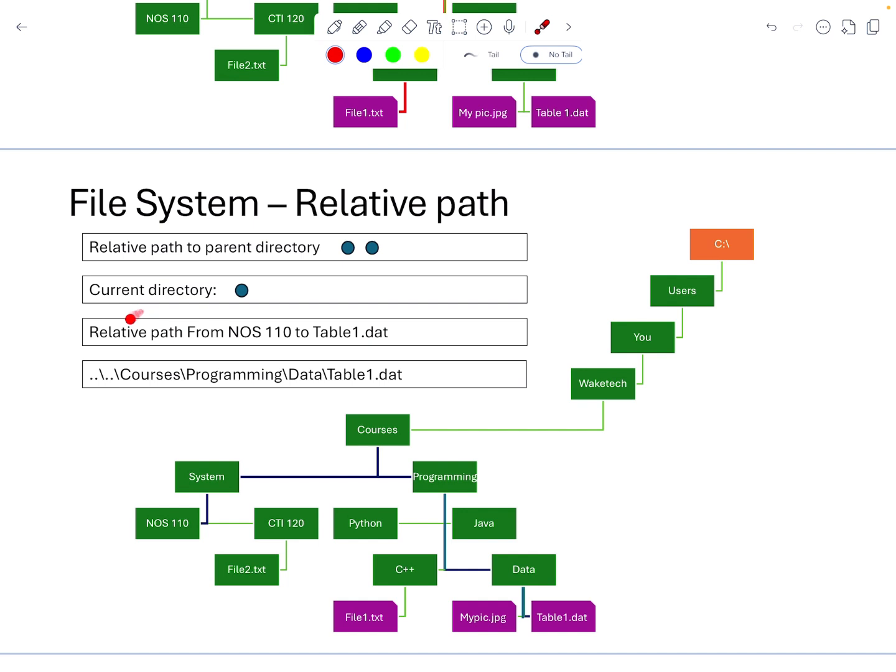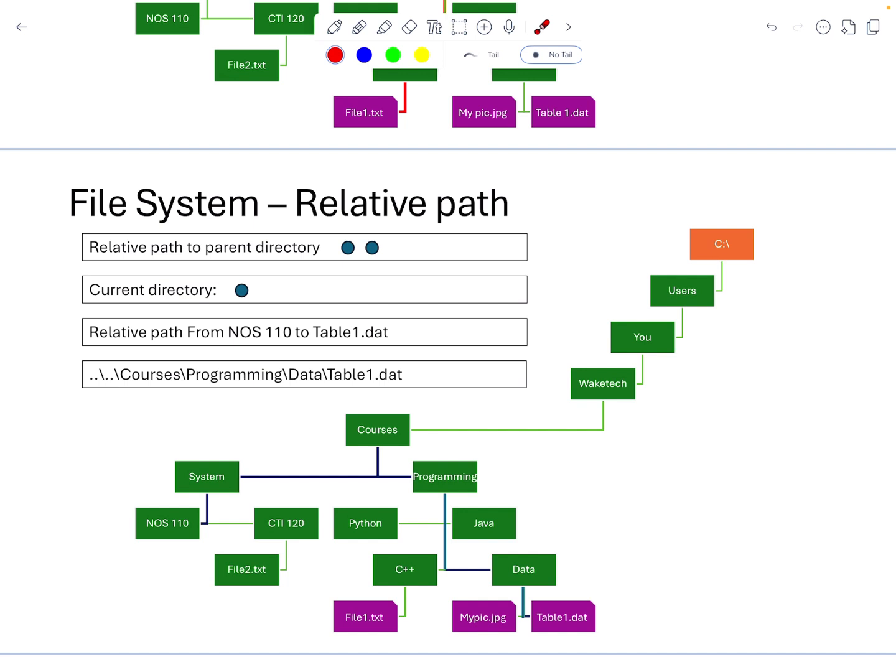Suppose I am right now in my user's home directory, then whatever path I build to reach any resource with respect to my user home directory, it's relative to my home directory. You get the idea now?